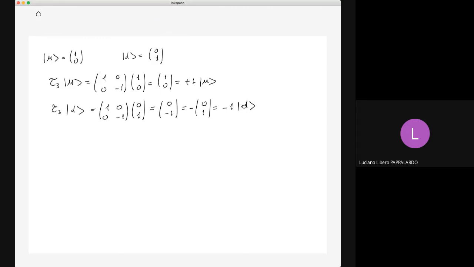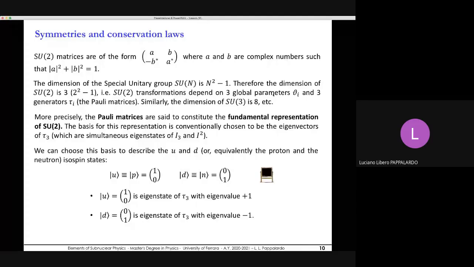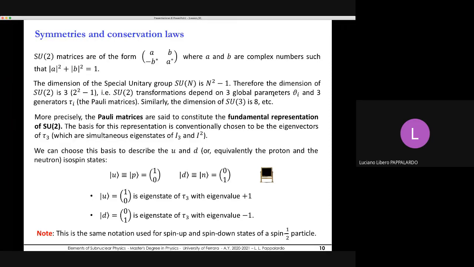Now, let's go back to the slide. And this is indeed what we just showed on the board. Okay. Now, if you pay attention, this is exactly the same notation which is used for spin up and spin down states for a spin 1/2 particle.